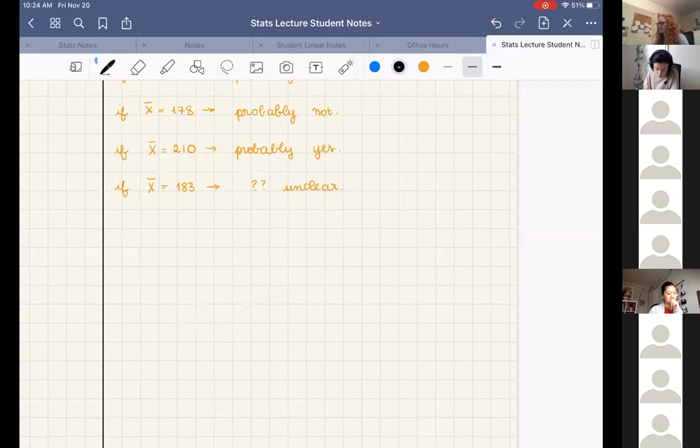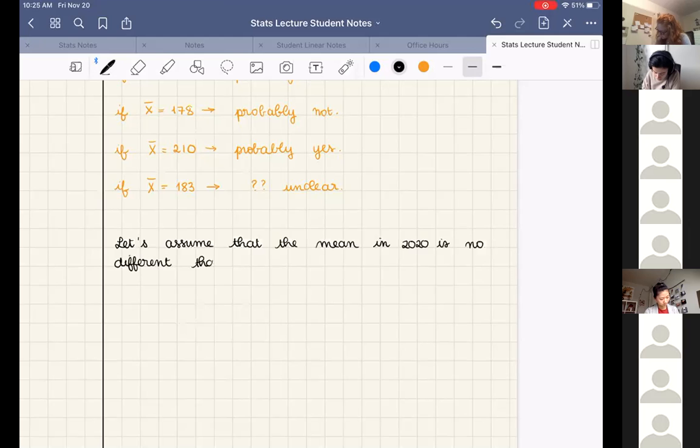So we're going to assume that the mean in 2020 is no different than the mean in 2015.